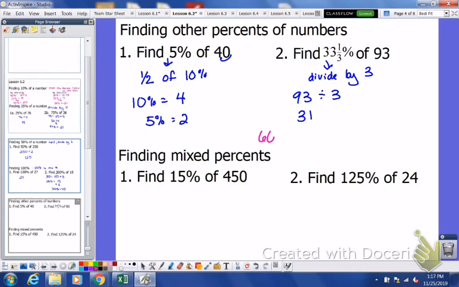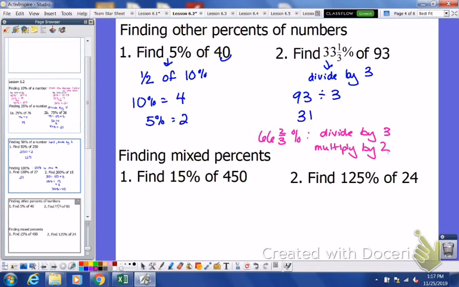If you see 66 2/3%, that would be divide by 3 and then multiply by 2, because that would be our 33 1/3 times 2.